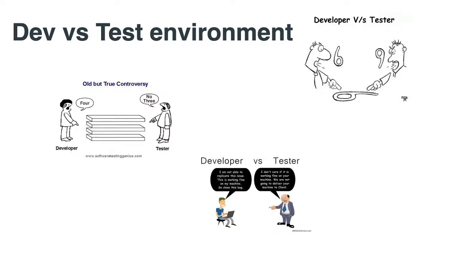They also solve the dev versus test environment problem, wherein in the past, the developers would have a dev environment with their own libraries and their own dependencies. And when it goes to test, they will not have exactly the same environment. The trouble is that they'll not be able to get the same results.